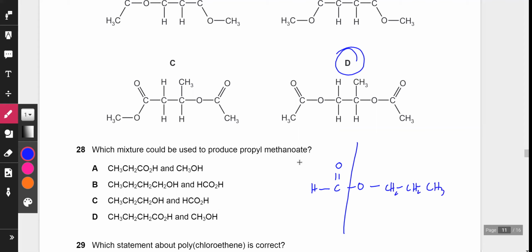Break the ester. This is going to be the carboxylic acid side, and this other side would be your alcohol side. It's going to be propan-1-ol. So it's going to be C.